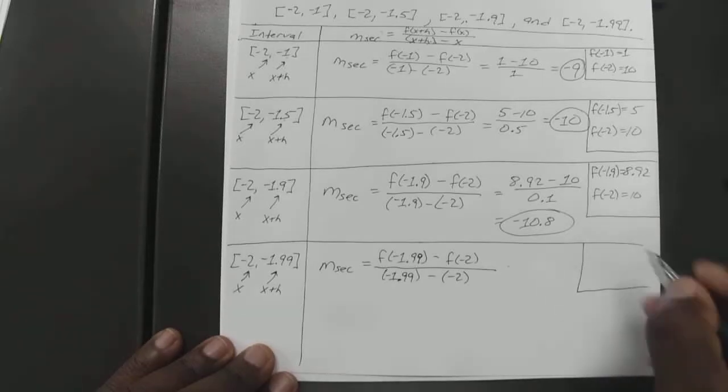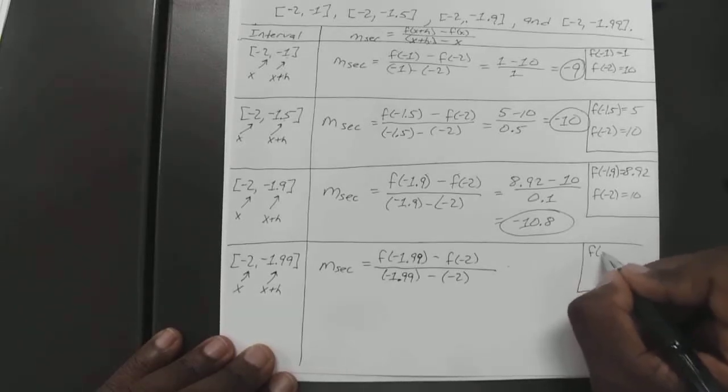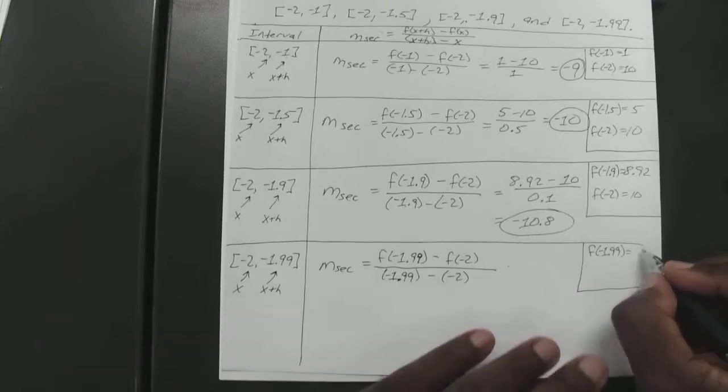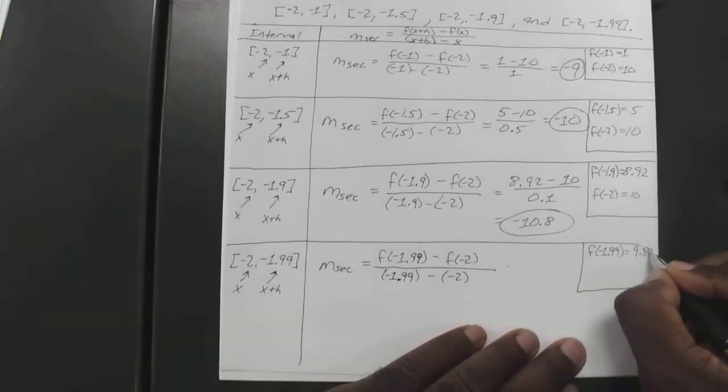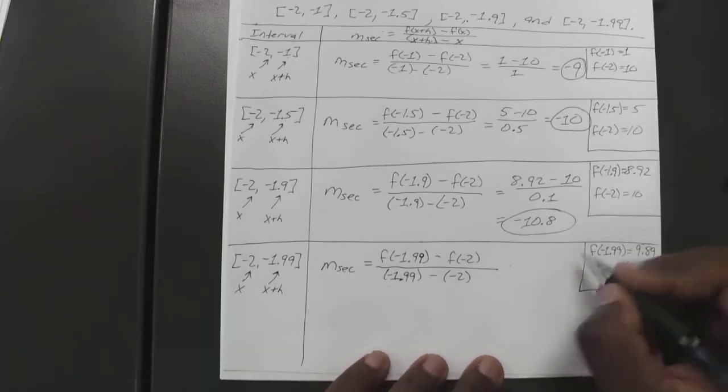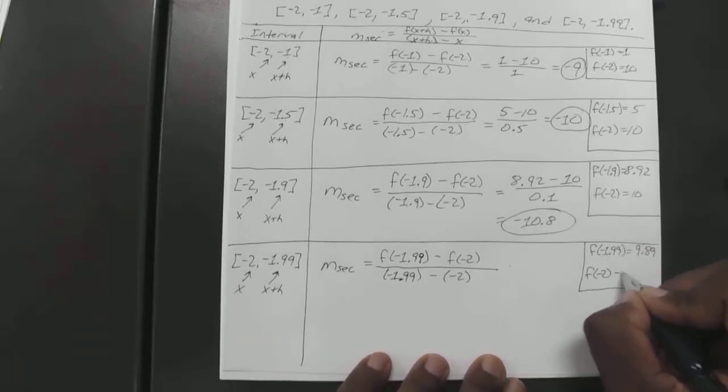We know that f of negative 1.99 is equal to 9.89, and f of negative 2 is still 10.